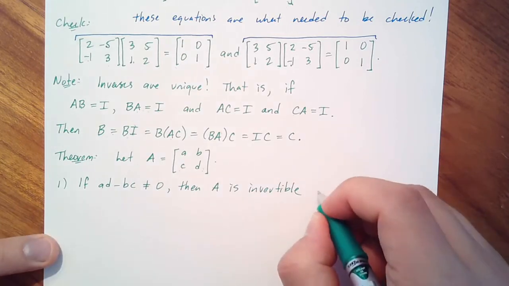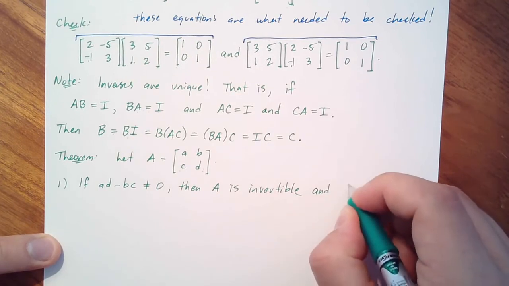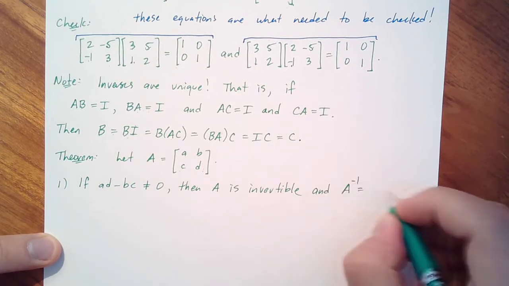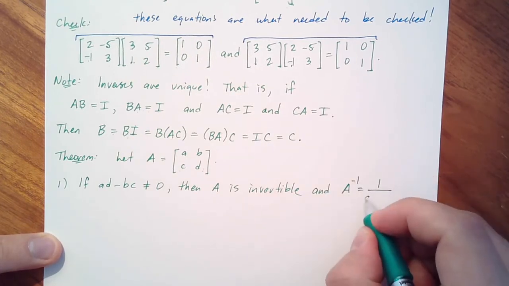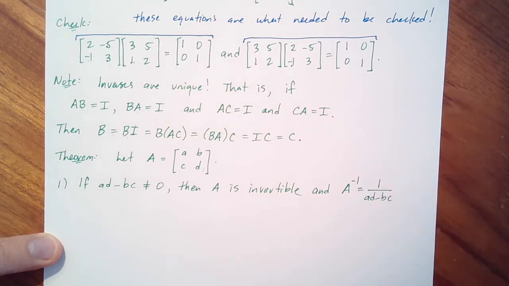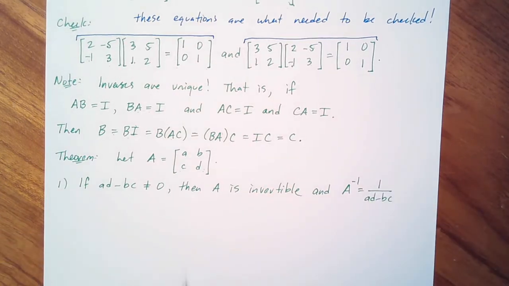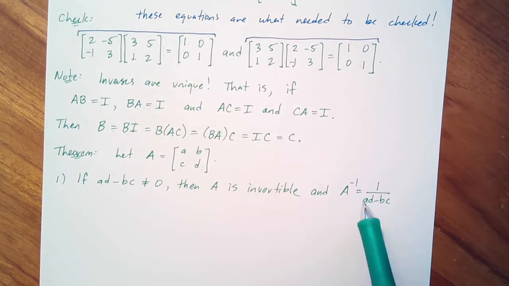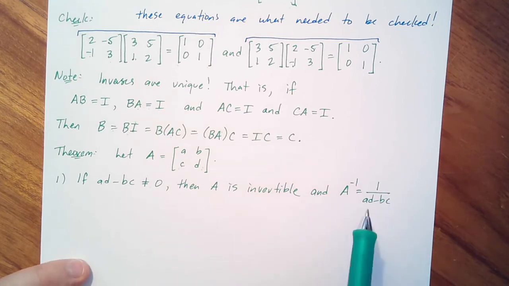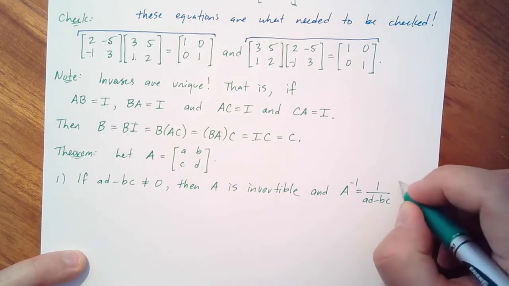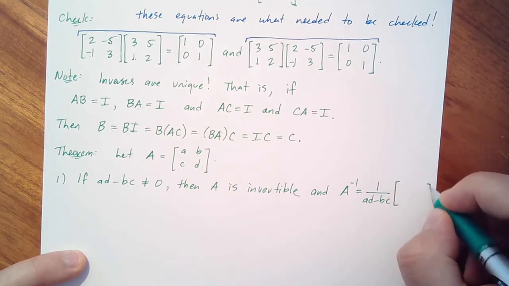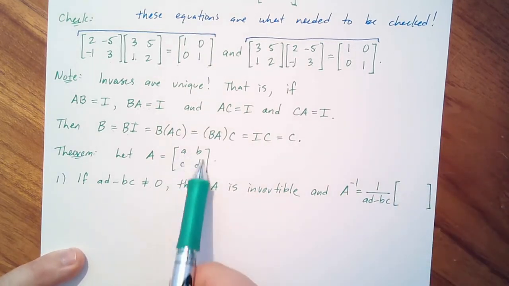We can say that A inverse is equal to 1 over AD minus BC, which we already know is not 0 by assumption, so this is a well-defined fraction since the denominator is not 0. A inverse is given by this scalar times a matrix which you can obtain from the entries of A as follows.